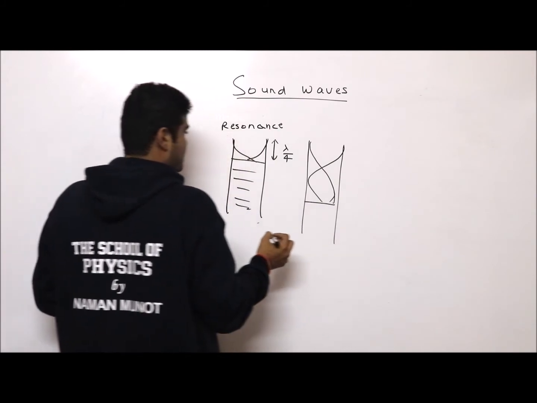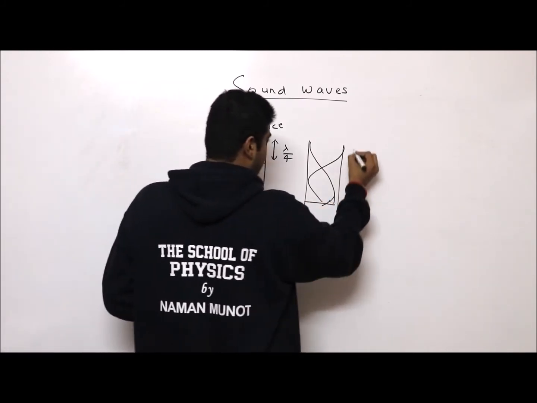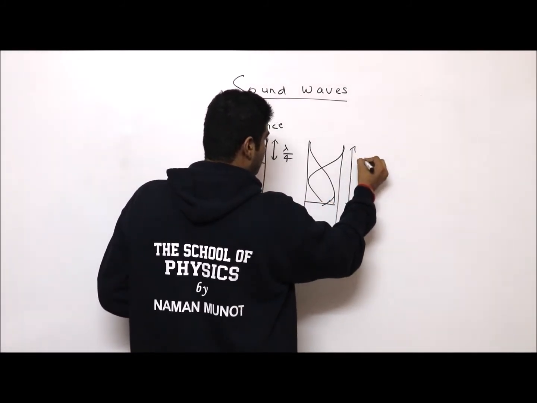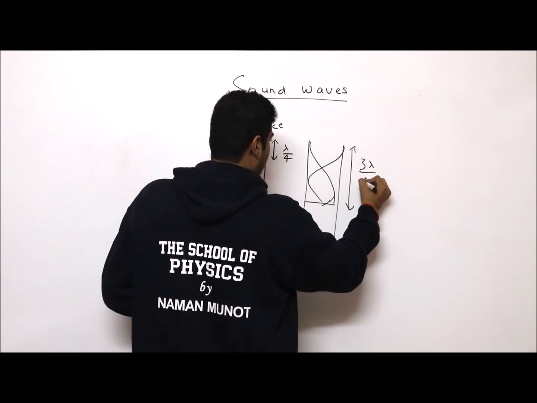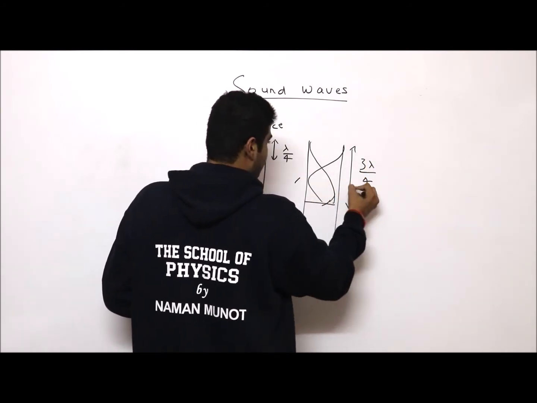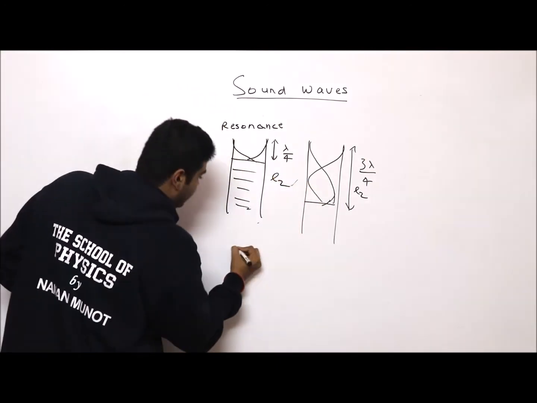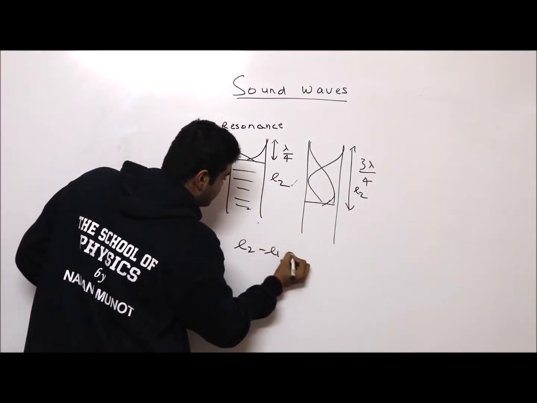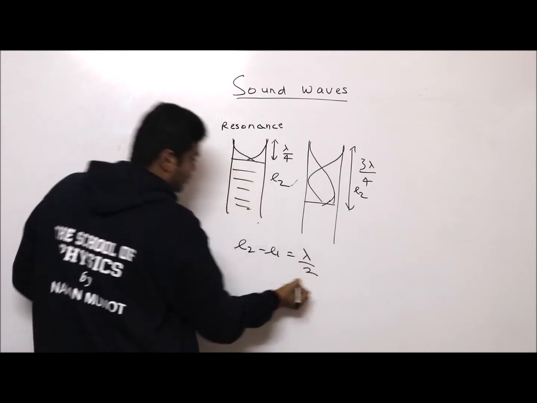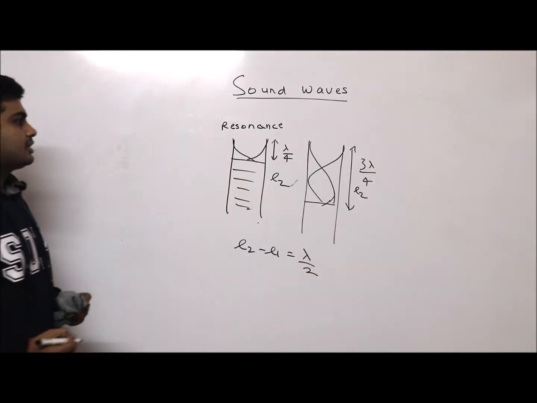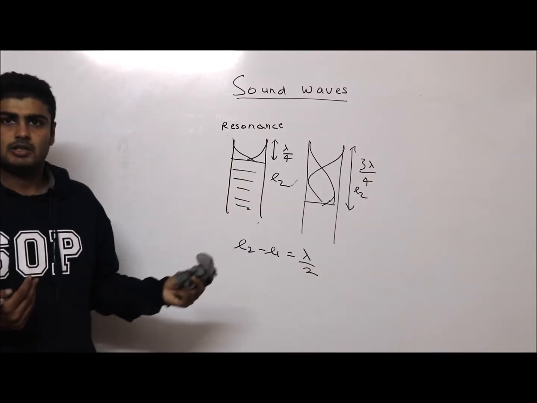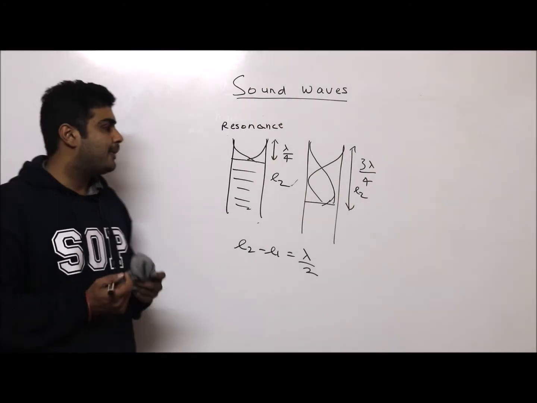So the second resonance happens at 3 lambda by 4. This is length L2, this is length L1, and we can write L2 minus L1 is equal to lambda by 2. So this is what happens in a resonance column. All that we have to remember.